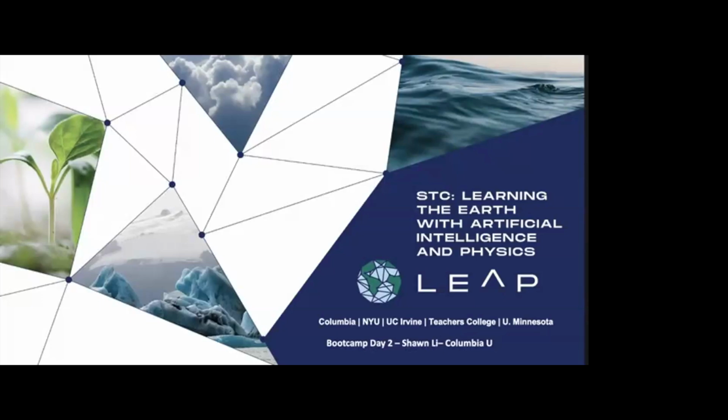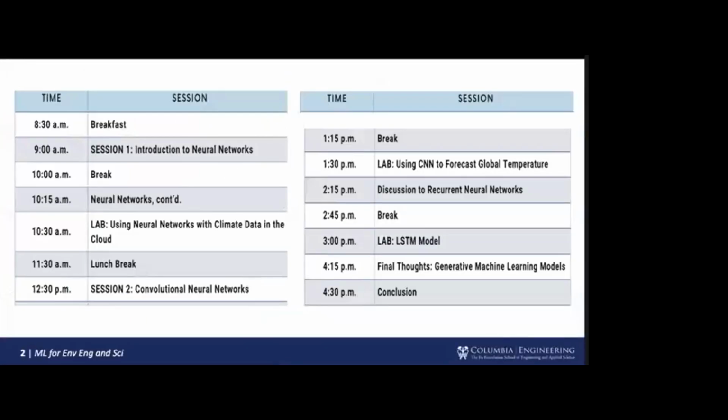Before we dive into the technical material today, I would like to briefly walk you through how today is structured, so you know what to expect and how the pieces fit together. This morning, we will start at 9 a.m., which is now, right? We'll begin with session one, introduction to neural networks.